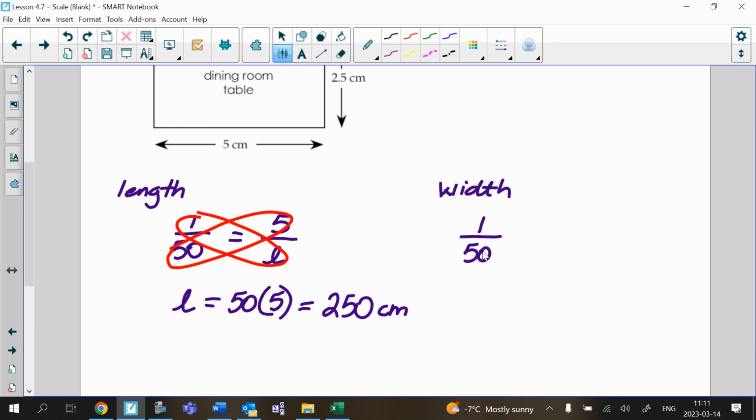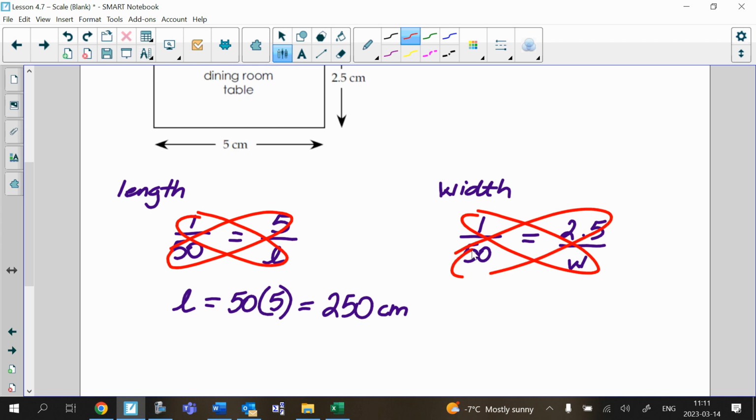That will equal the width I'm given on the scale diagram over the width I'm trying to find in real life. Notice this is different from the previous stuff we did where we multiplied. Here we're making them equal.